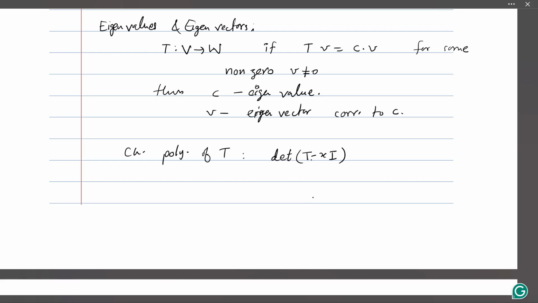Okay. If T has matrix representation A, then the determinant of T minus xI is that n cross n matrix. Sorry. Okay, 1 minute. First of all, now this is the definition and it ends here.